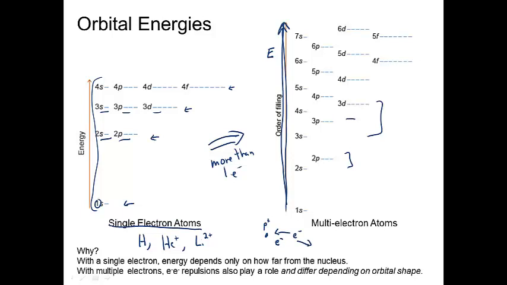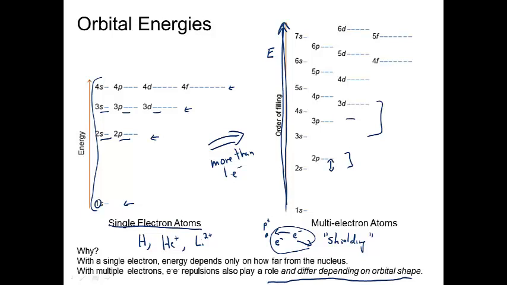So you now have electron-electron repulsions, as well as attractions of the electron to the nucleus. And the key is these electron-electron repulsions, which are called shielding, differ depending on the shapes of orbitals. So when you have different orbitals, an s orbital or a p orbital, that electron-electron repulsion is different for those two, and therefore you get different orbital energies for those.